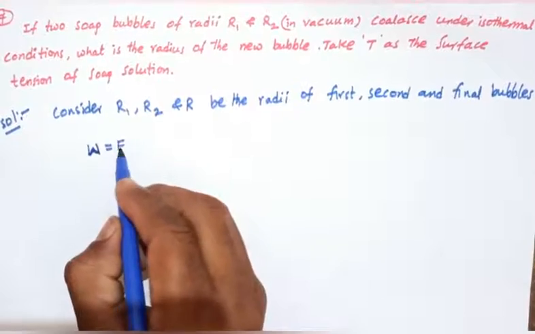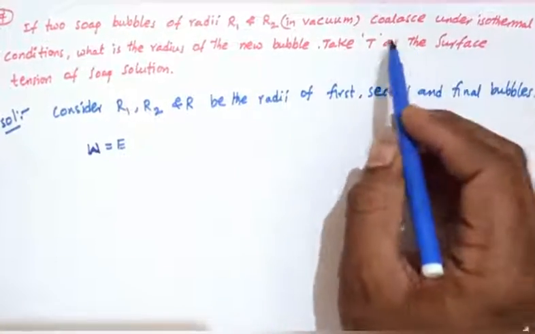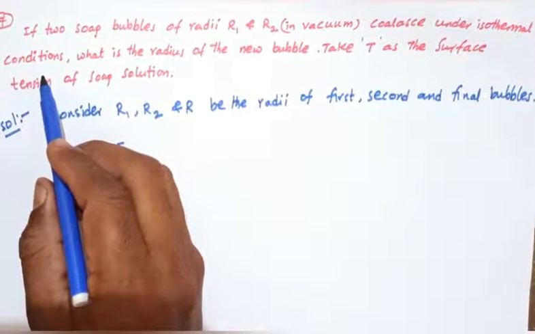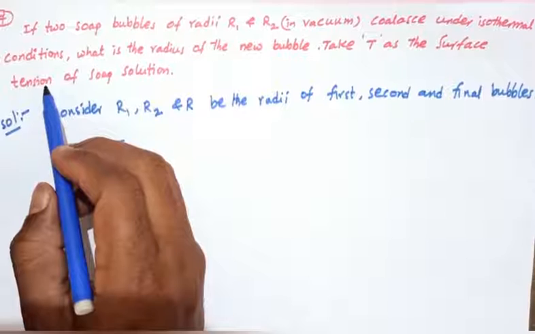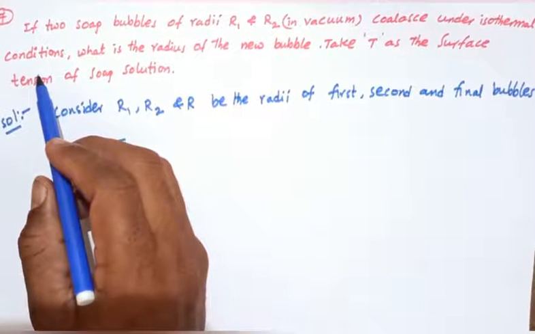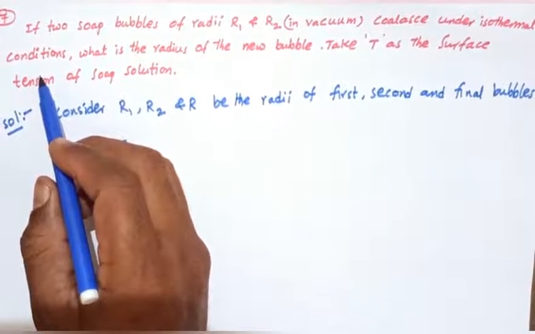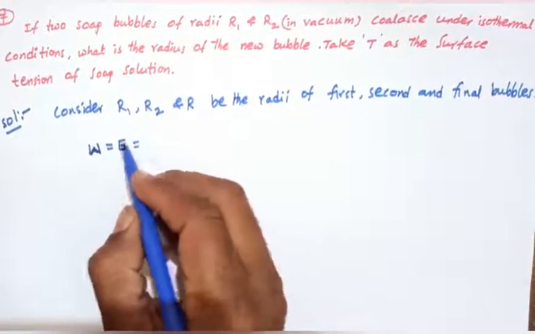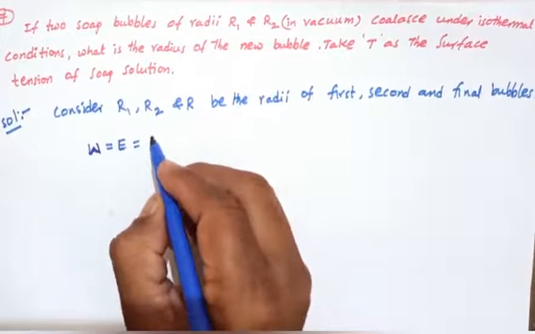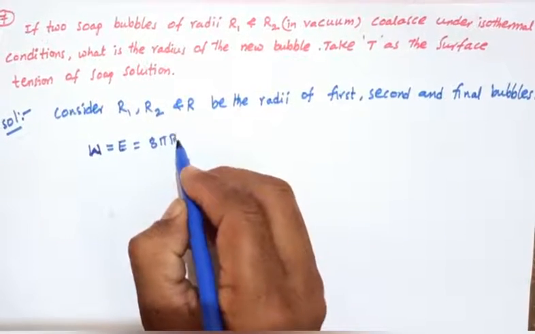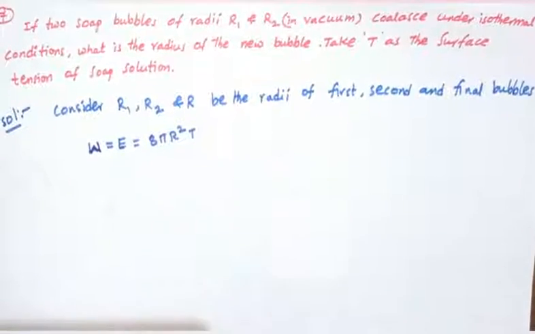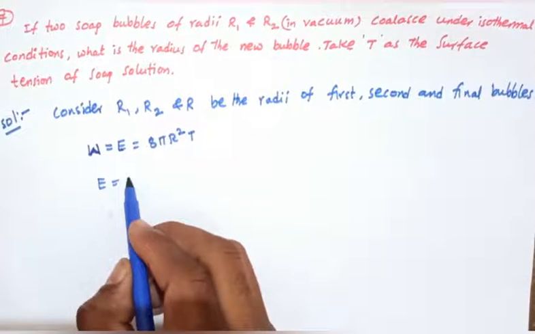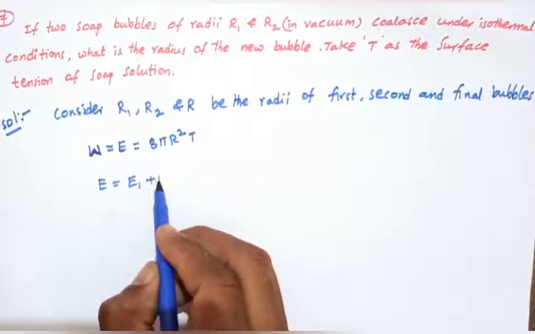Now take the surface tension. In an isothermal process, there is no change of energy. So energy E equals 8 pi R square into T. So that is E equals, we can take E1 plus E2.